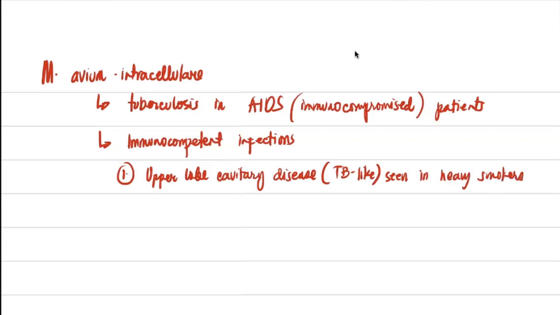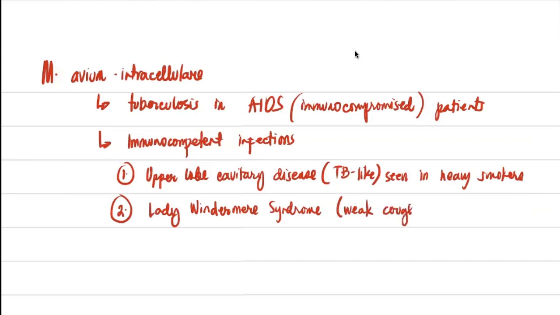Okay? Next is what we call Lady Windermere syndrome. The Lady Windermere syndrome, which is characterized by having a weak cough. Okay, characterized by having weak cough, that is often seen in elderly women.